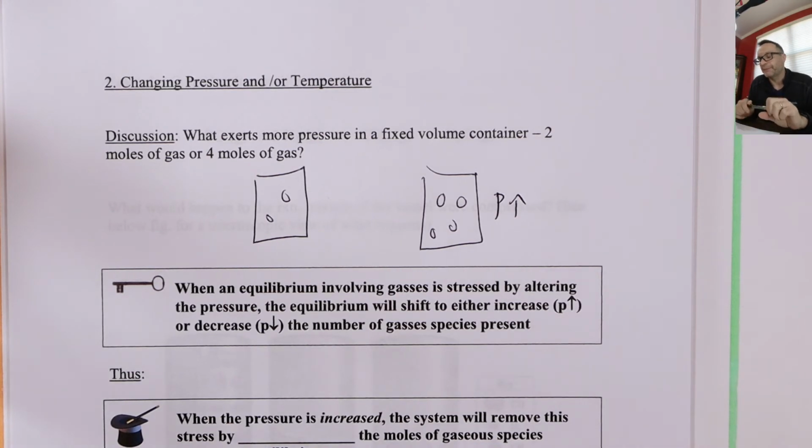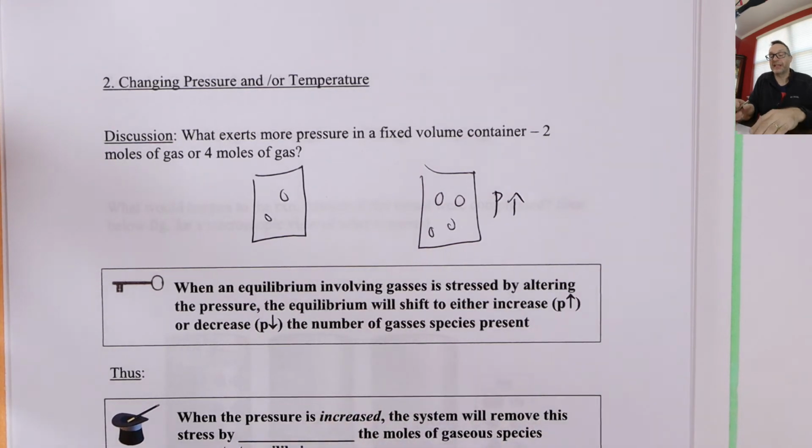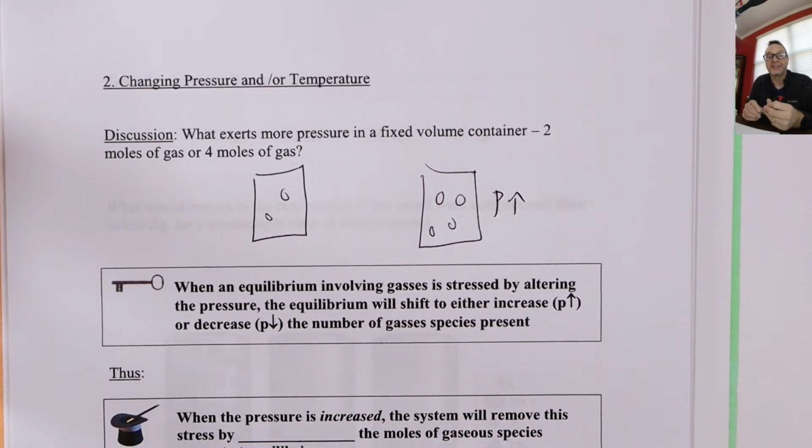So if you think about it, pressure is really, as we've seen many times now, proportional to concentration, isn't it? So think about pressure and concentration in the same way. If we increase the pressure of something, we're really increasing its concentration. Think how that would push equilibria left or right. So when we stress an equilibrium involving gases, this is what we can do. We can increase or decrease the pressure inside a container by either making the container bigger or smaller.